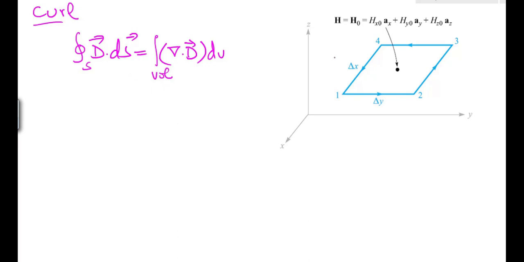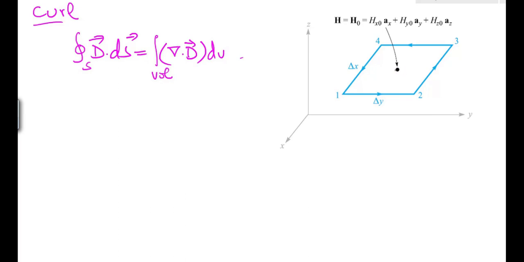Now to obtain the relation for the curl and discuss the curl, we consider an incremental closed path having the length of the sides as delta x and delta y in the Cartesian coordinate system, and we assume some current that produces a reference value of the magnetic field intensity at the center of this closed path.